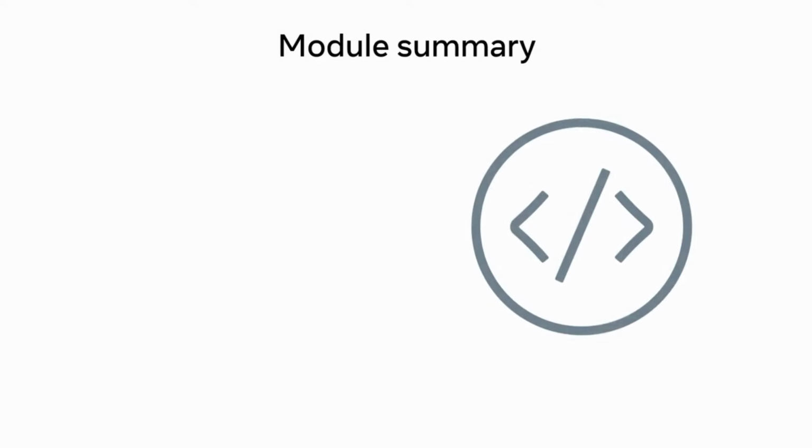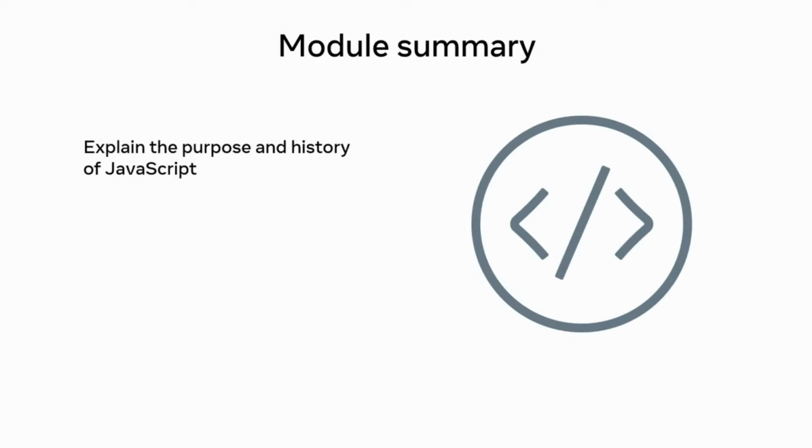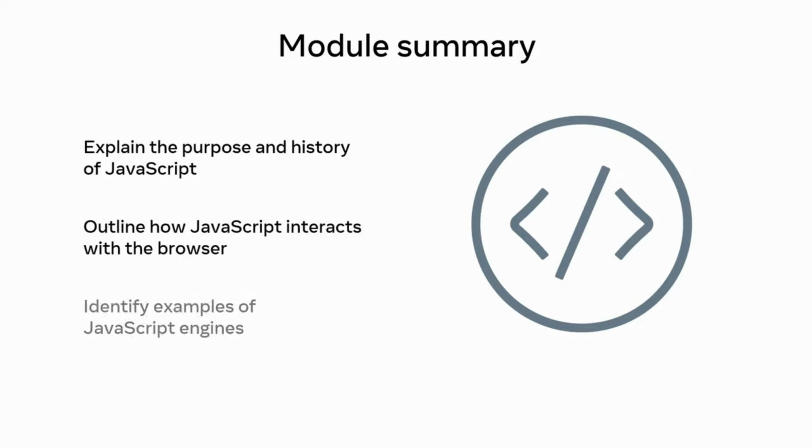You investigated JavaScript and learned how to explain the purpose of JavaScript and provide a brief overview of its history, outline how JavaScript interacts with the browser in order to generate interactivity, and identify some of the unique JavaScript engines utilized by major browsers.